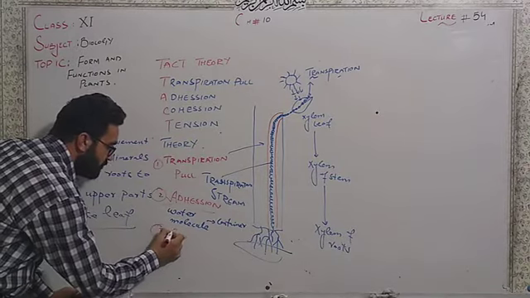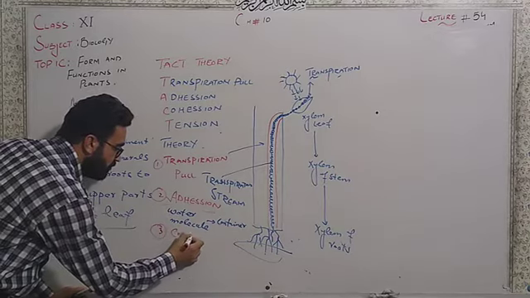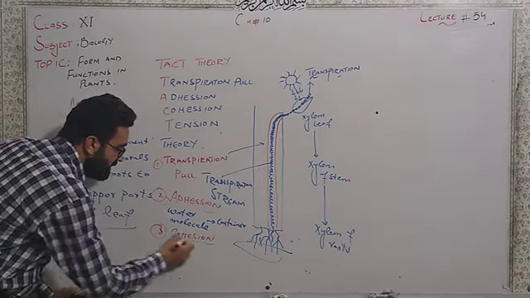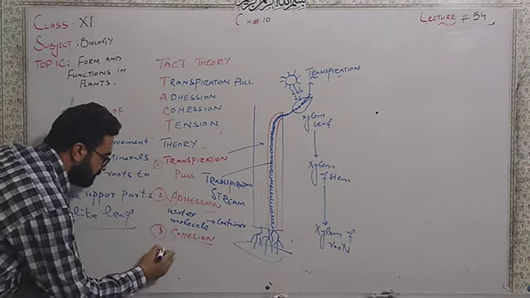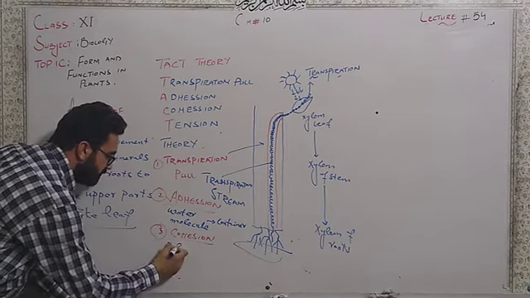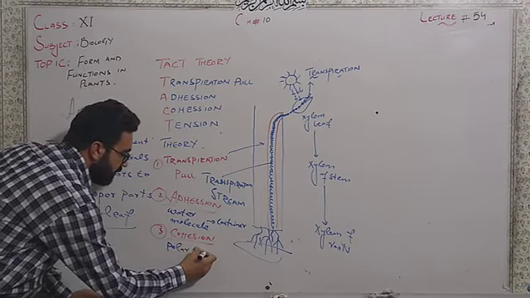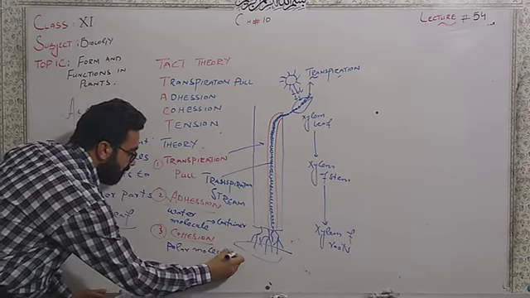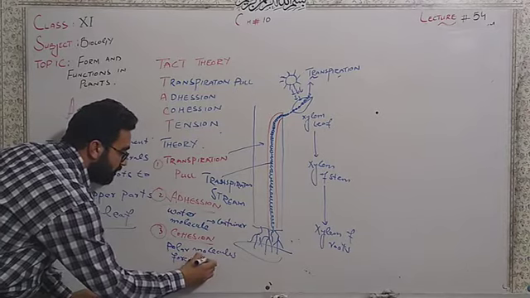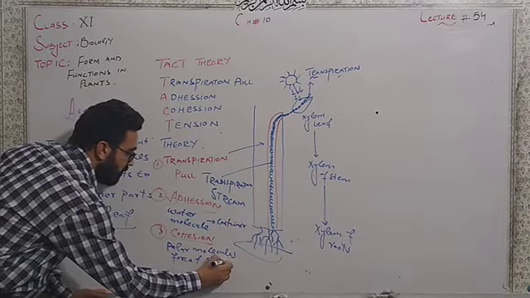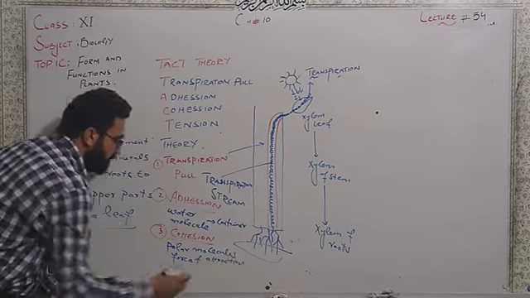My dear students know very well that in chapter 2 you studied that water molecules are polar, and they have a force of attraction for each other. And that force of attraction between water molecules is called cohesion.